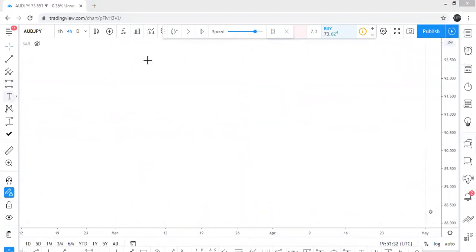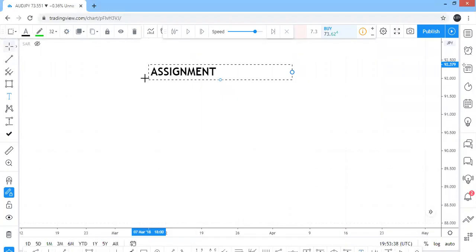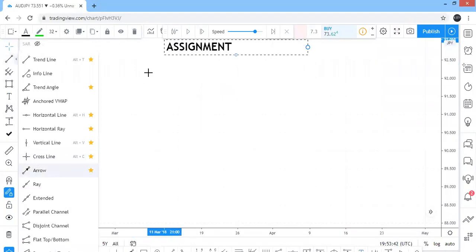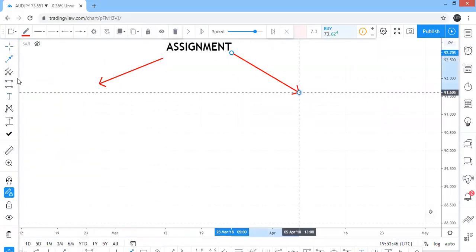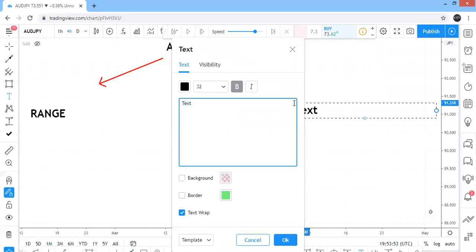So, assignment time. I'm dividing the assignment into 2 parts. Only pick the assignment that's relevant to your trading style. Range, trend.